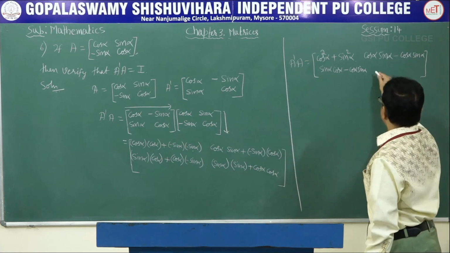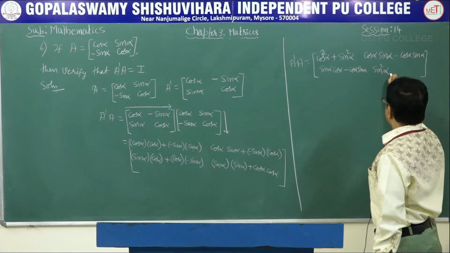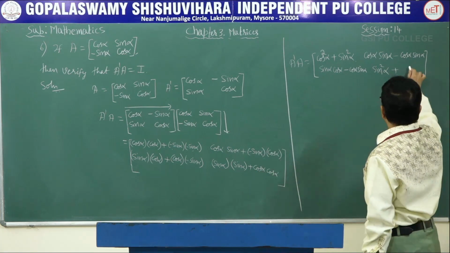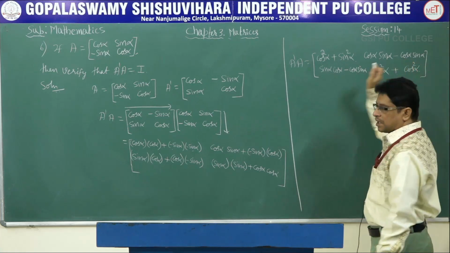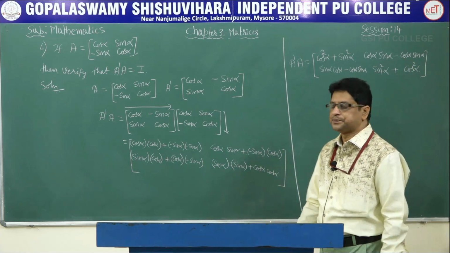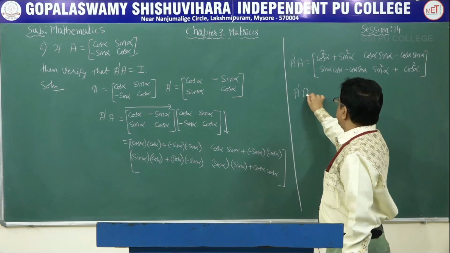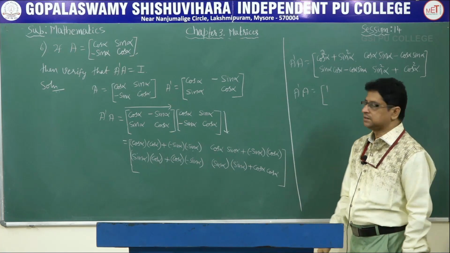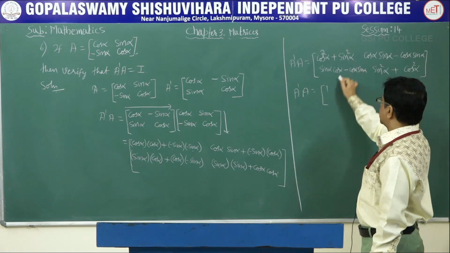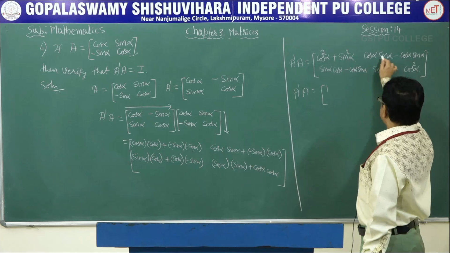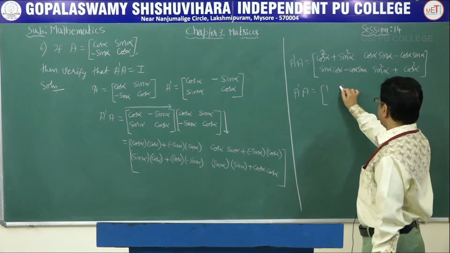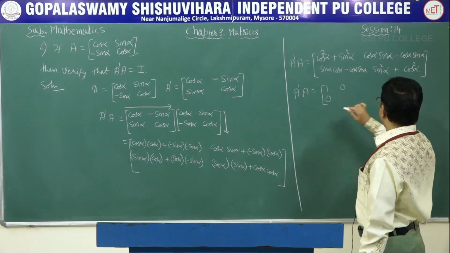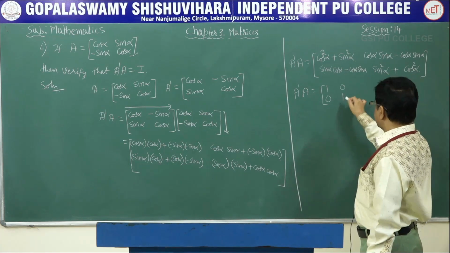Here sin alpha into sin alpha, sin square alpha, plus cos alpha into cos alpha is cos square alpha. So now cos square alpha plus sin square alpha is 1. Cos alpha sin alpha minus cos alpha sin alpha is 0. Sin alpha cos alpha minus cos alpha sin alpha is 0. Sin square alpha plus cos square alpha is 1.